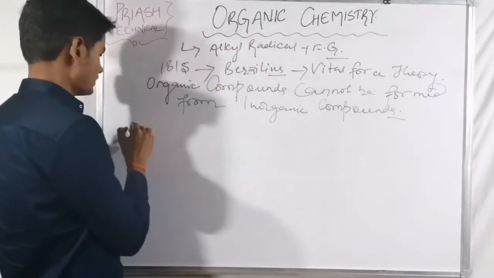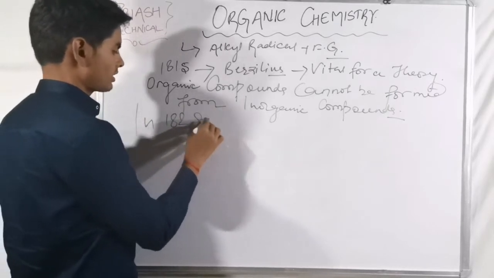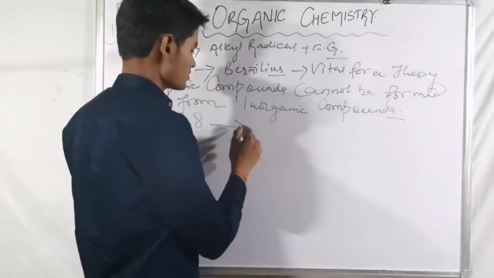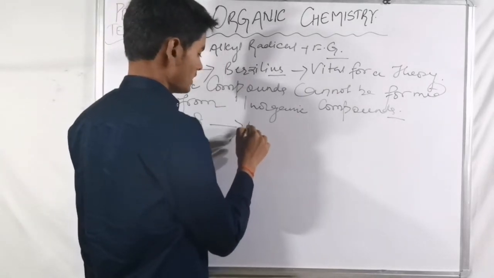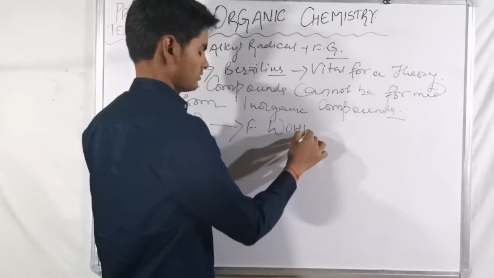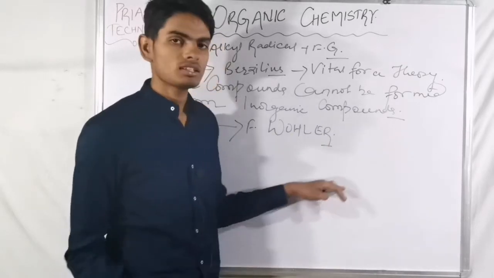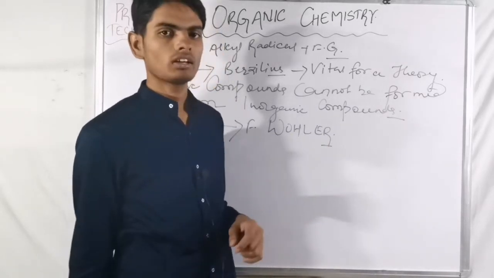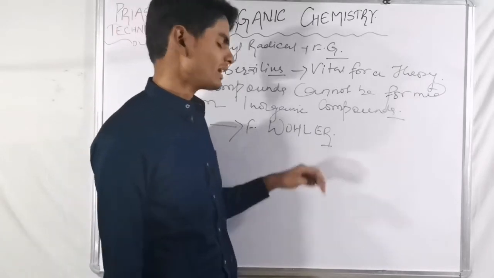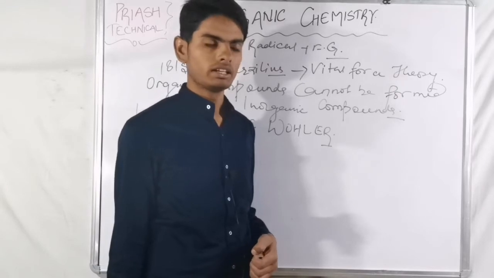But in 1828, his student, the German scientist named F. Wöhler, synthesized the first organic compound from an inorganic compound, and the organic compound is called urea, from ammonium cyanate.